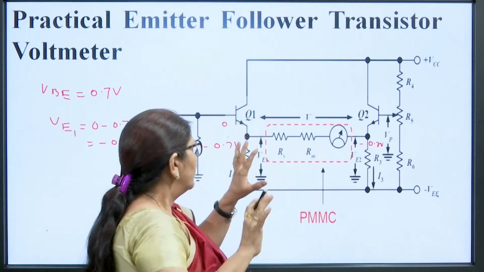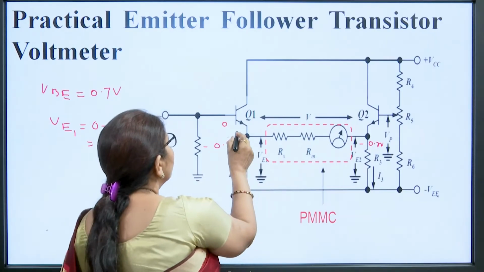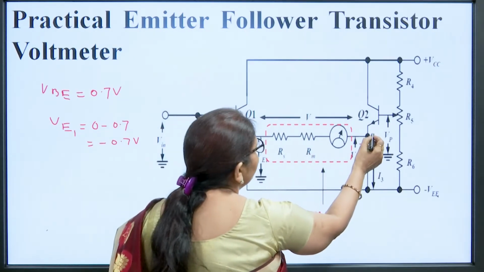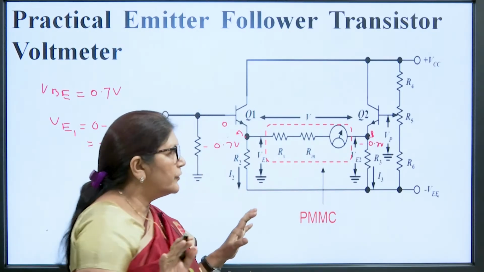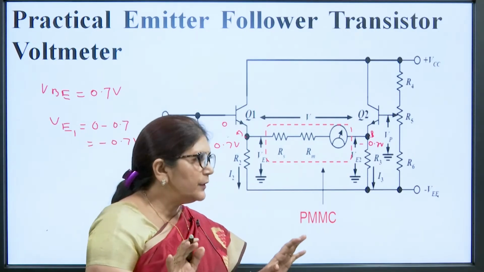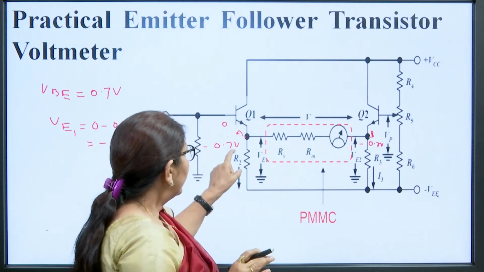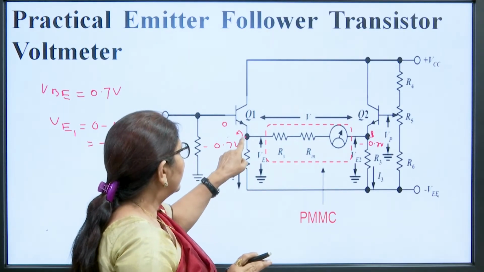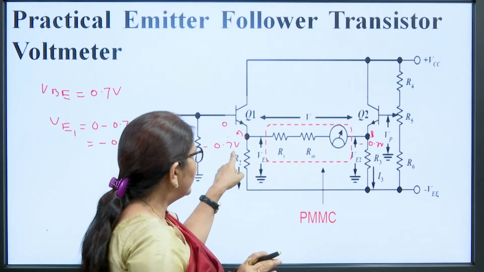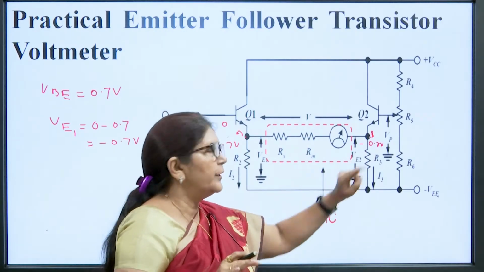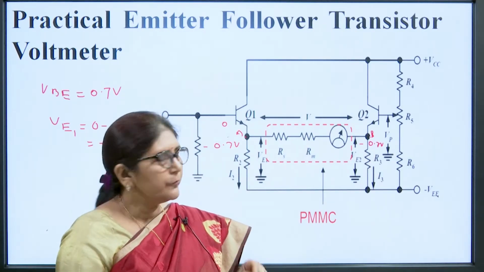Suppose this is point A and this is point B. When there is no potential difference between A and B, the meter will show 0. At that time the voltage at point A is minus 0.7 volt and the voltage at this point is also minus 0.7 volt.